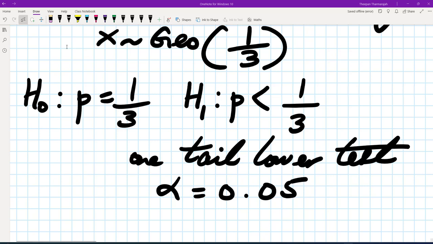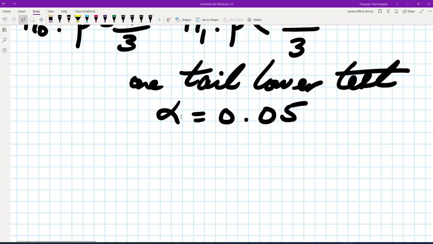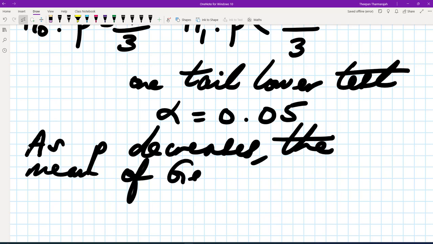So now what we can do is, as we always write, we say as P decreases, the mean of the geometric distribution increases.